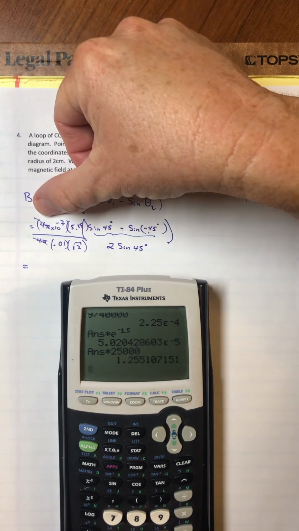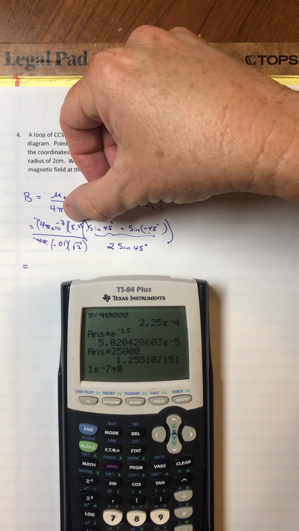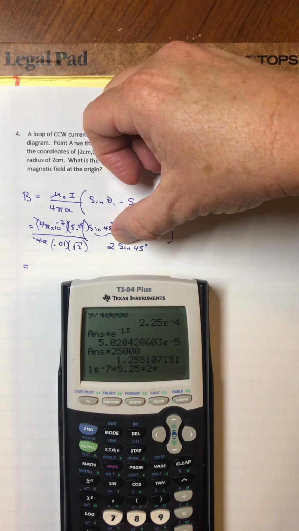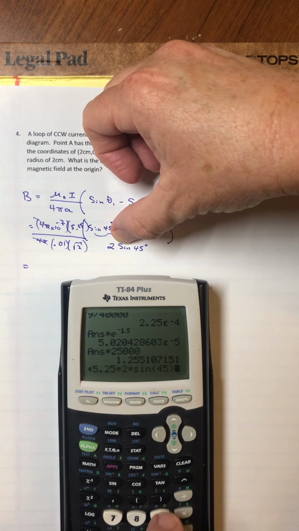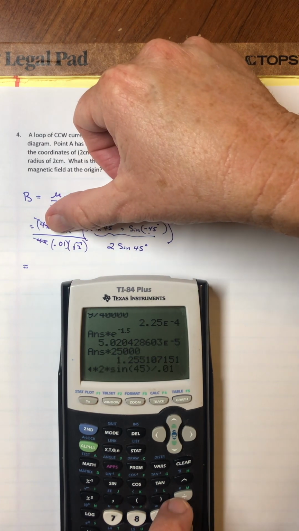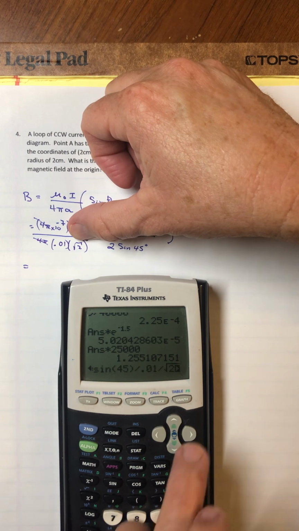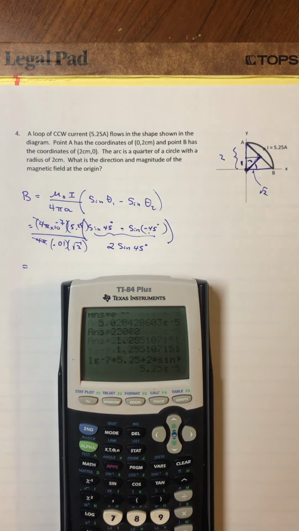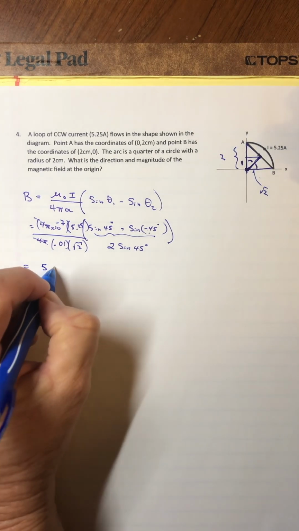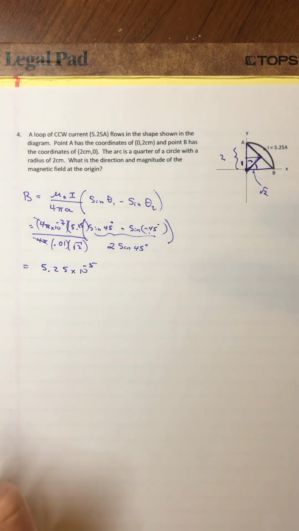So across the top, I'll do 1 times 10 to the negative 7 times 5.25 times the 2 times the sine of 45. Then I'll divide that by 0.01, as well as divide it by the square root of 2. And I get 5.25 times 10 to the minus 5 for the magnitude.